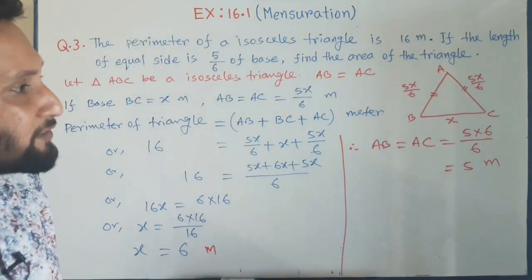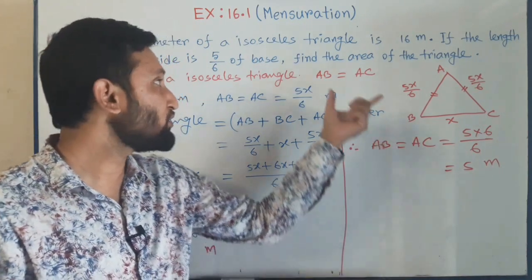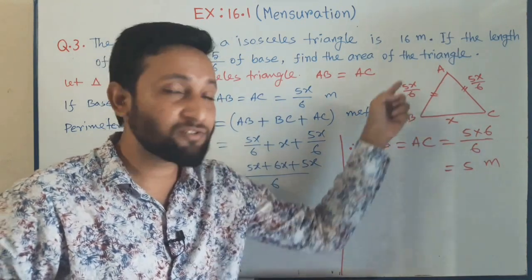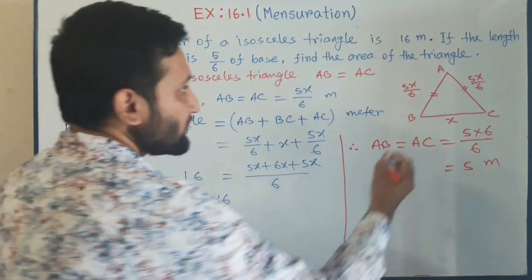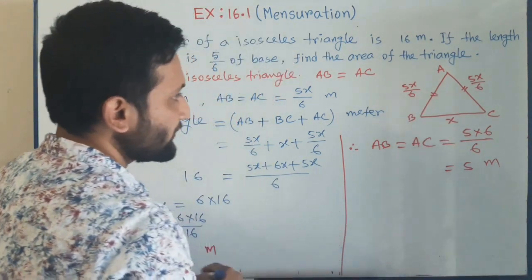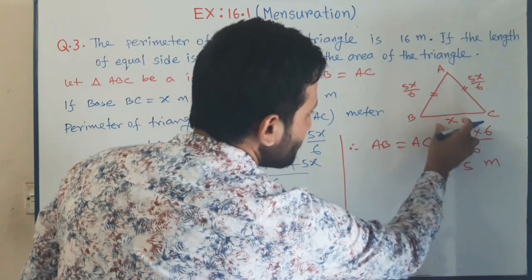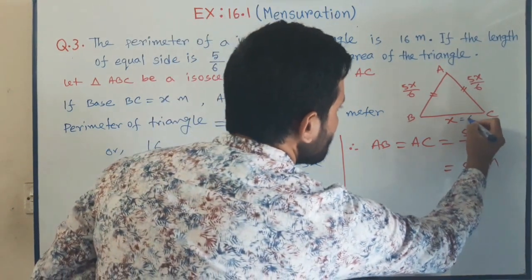Now we can easily find the area of this triangle, because according to the question we have to find the area of this triangle. So this is an isosceles triangle. Imagine this side length x, the value of x is 6, so this is 6 meter.